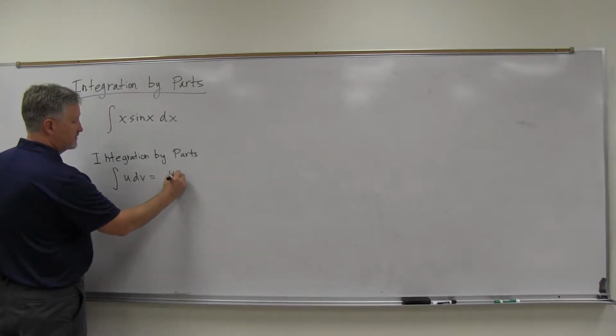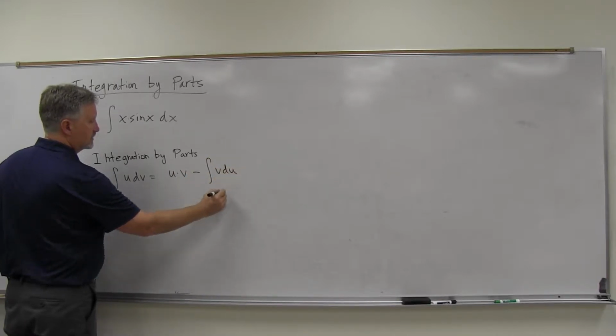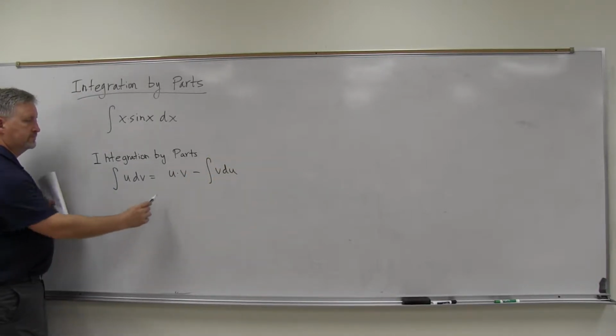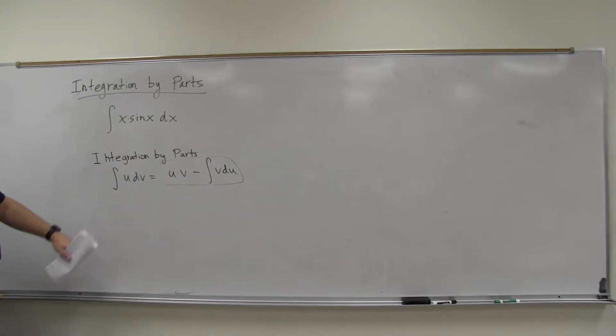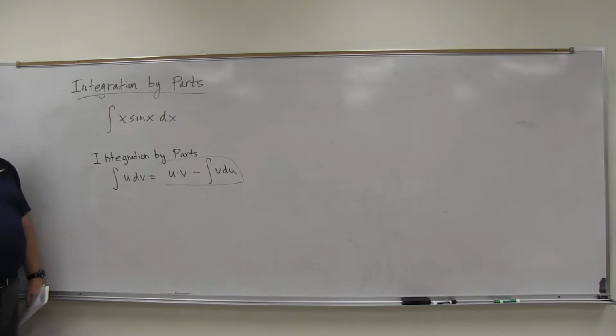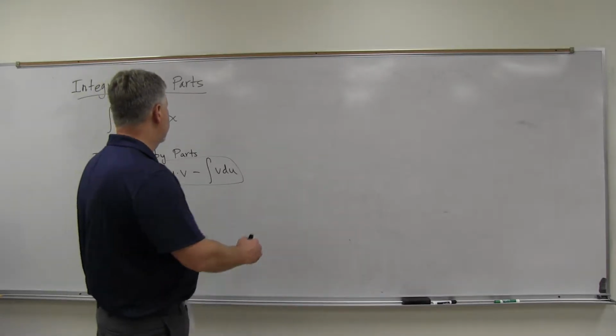It's u times v minus the integral of v du. That's probably more what you remember. Probably doesn't mean a whole lot to you right now, but here's what we can do with that.